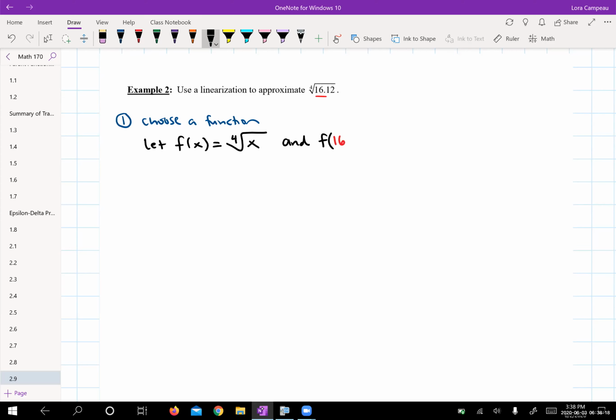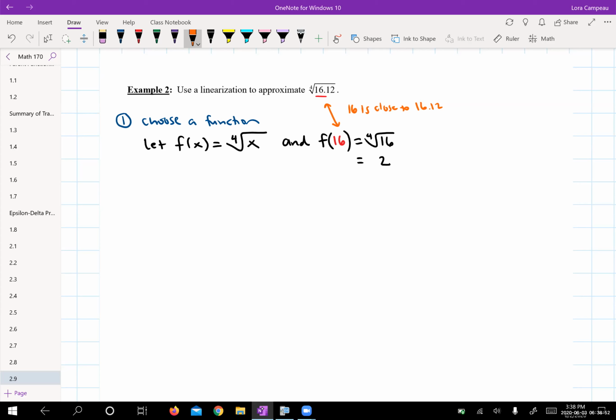When you evaluate the function you've chosen at 16, that's fourth root of 16, and that's very quick. We can find the value is 2. So we know we can differentiate it, and we know that we can evaluate a value that's pretty close. That's the near part. 16 is close to 16.12.